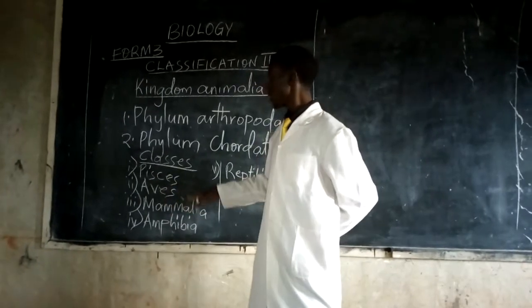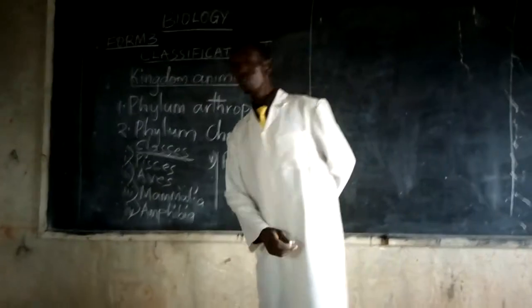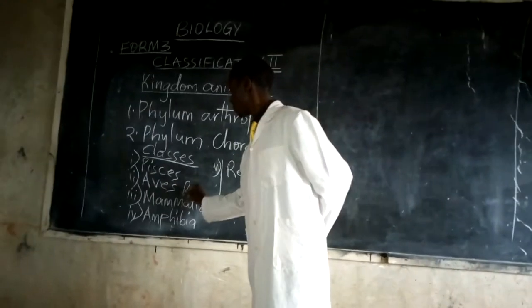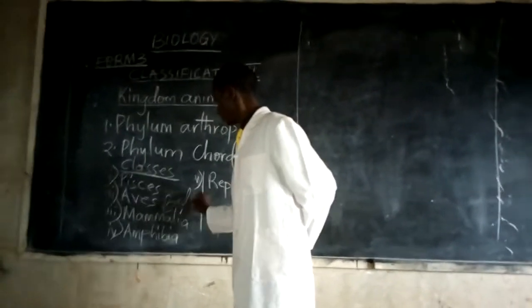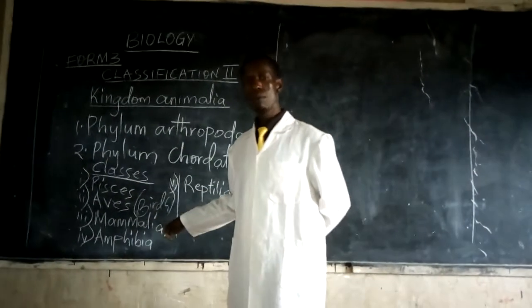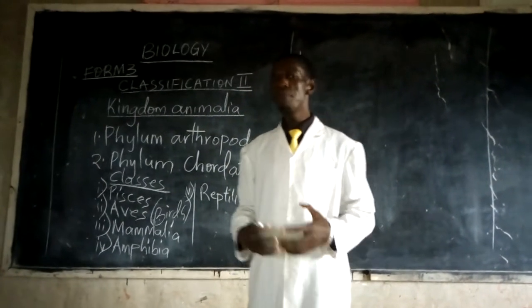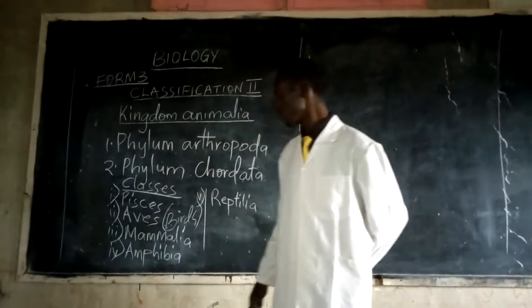The second class, class Aves, comprises majorly the birds. The third one, class Mammalia, comprises animals which have mammary glands on their body.